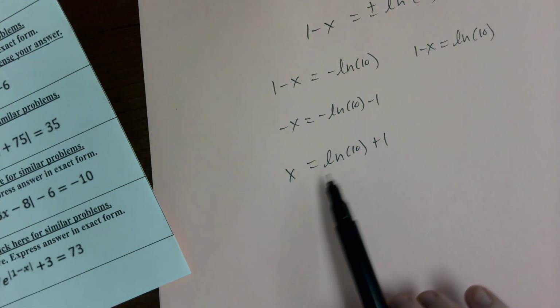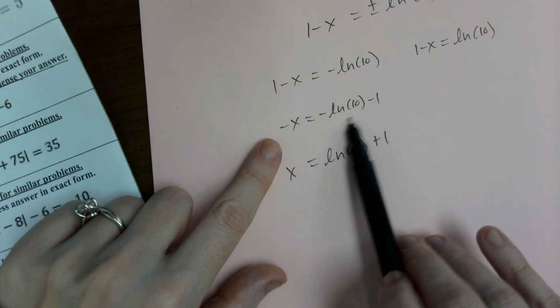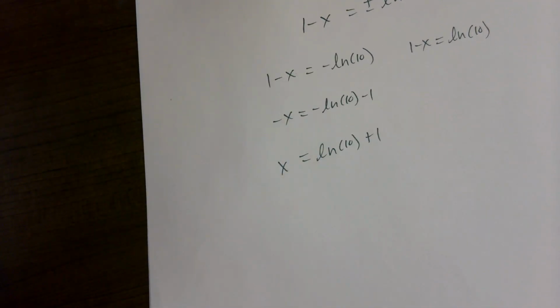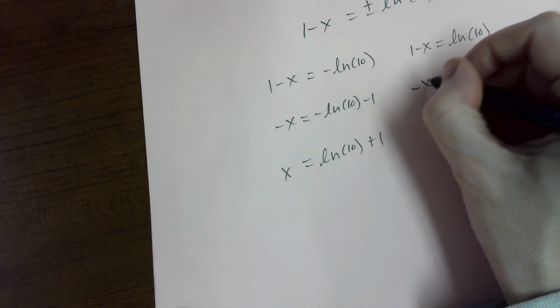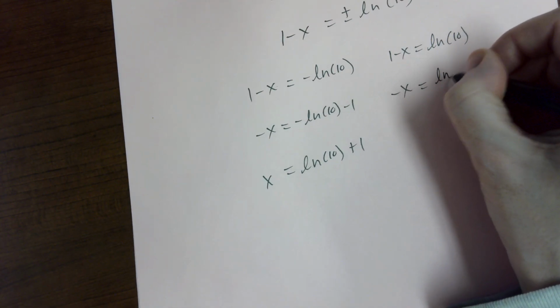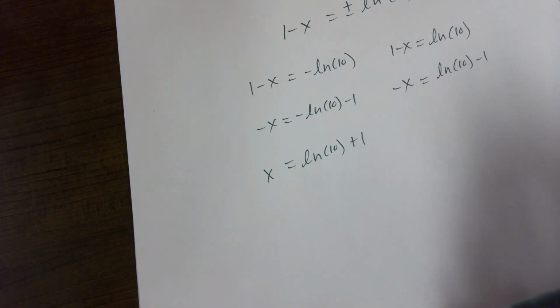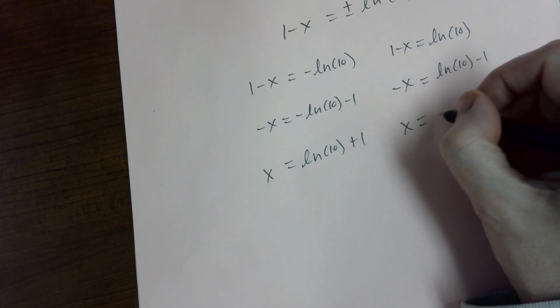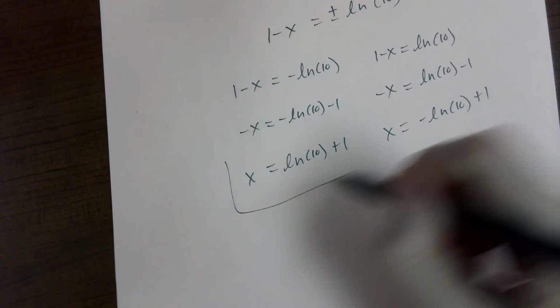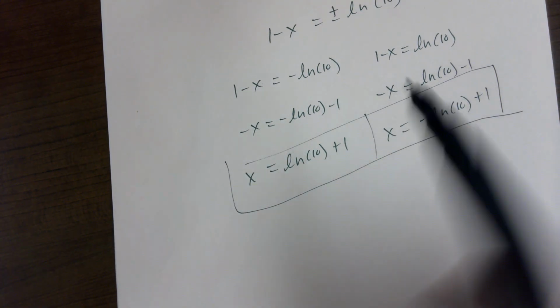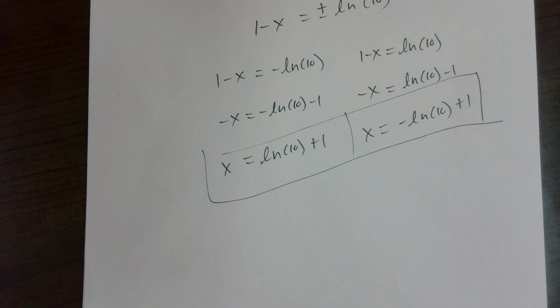Now, if you just divided by -1 and then you left it like that, okay, yeah, I didn't leave it like that, but that would be fine. All right, and then over here, x equals negative natural log of 10 plus 1. Okay, so there's the two answers.